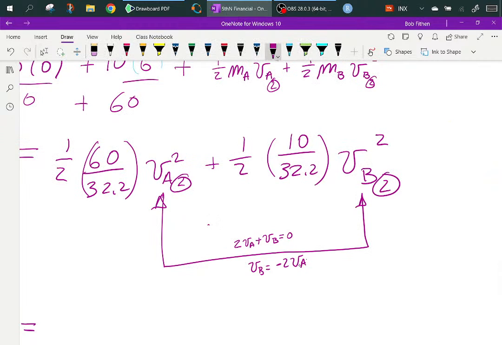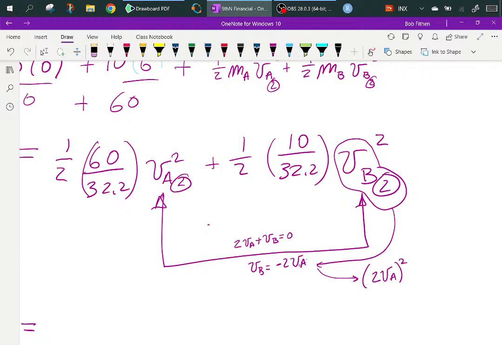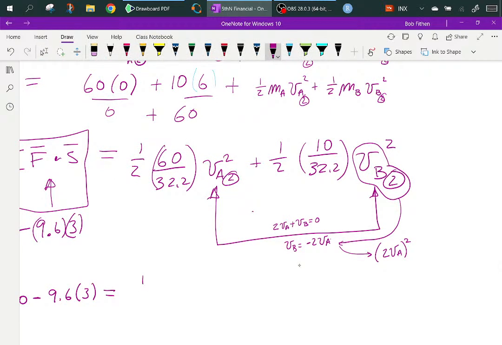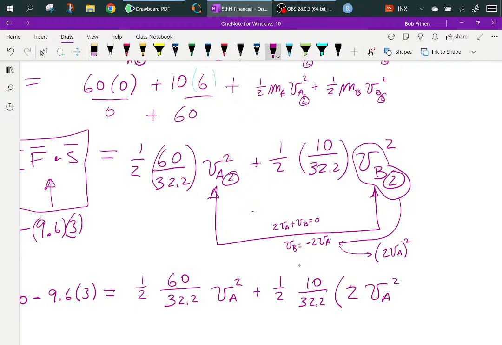And so in here, I'm going to extract that. And because of this, I'm going to write the 2. Now I can put the minus sign in there. Doesn't matter because it's going to go away because of the square. So then what I've got is 1/2 60 over 32.2 VA squared plus 1/2 10 over 32.2 times 2 VA squared out like that.